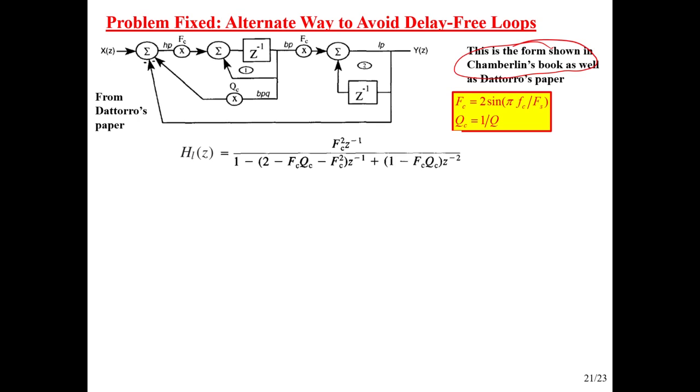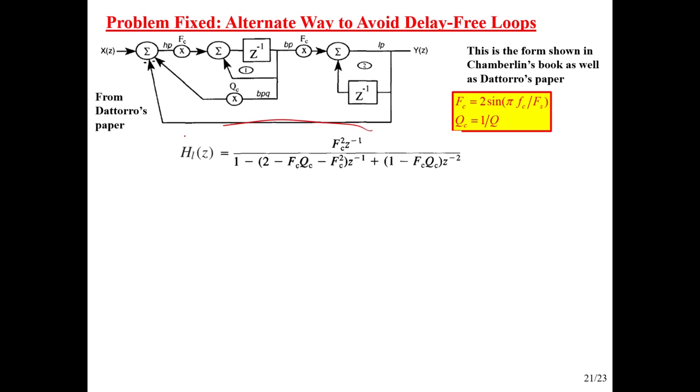So Zölzer chose a slightly different form than what was in Chamberlain's book. Chamberlain's book matches DeToro's paper exactly, although the symbology is a little different. We had F1 and Q1, and now we've got FC and QC, but they're exactly the same formula. So I'm just sticking with the original notations in each book.